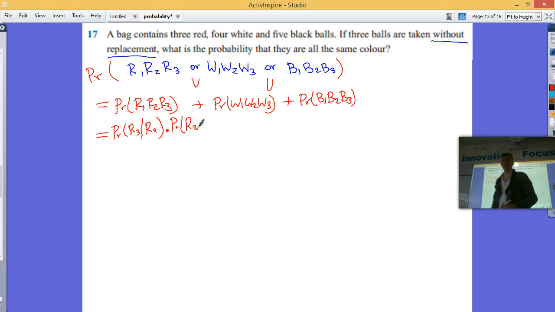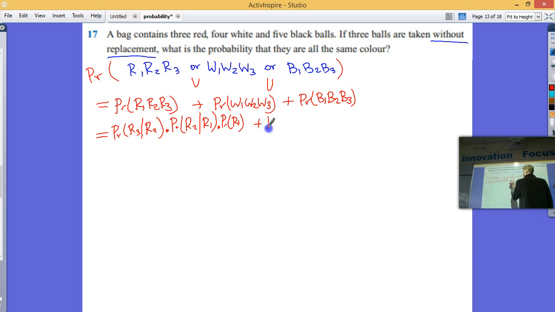But R2 depends on R1. Then I have to multiply by what's given, R1. Okay? So that's how we would formulate the multiplication of these rules for 3 events occurring.